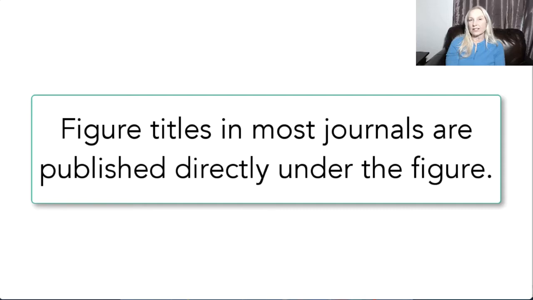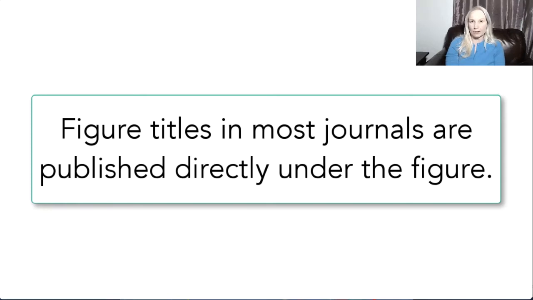Next is titles, legends, and labels, which is section 4.2.7. So for titles, the figure titles in most journals are published directly under the figure and will be numbered consecutively unless only one figure is included in the article, and then it will just be called figure.